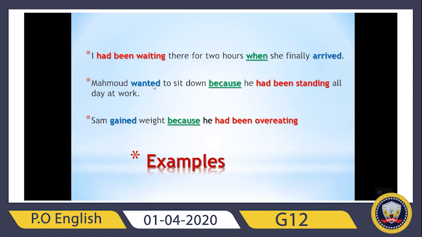Before it we have past simple and after it we have past perfect continuous. So here, because he had been standing all day at work. Again, because before it past simple and after it past perfect continuous. Sam gained weight because he had been overeating.